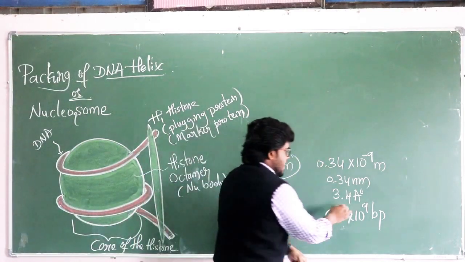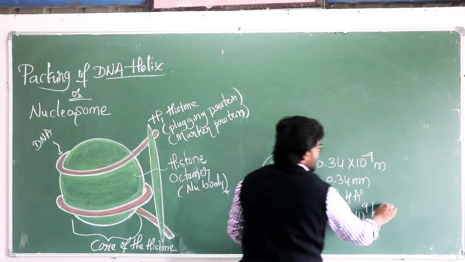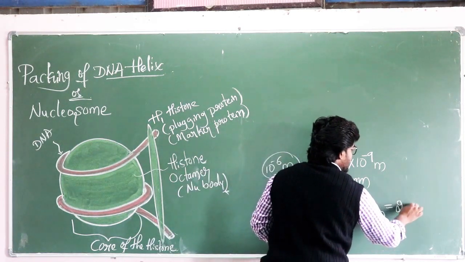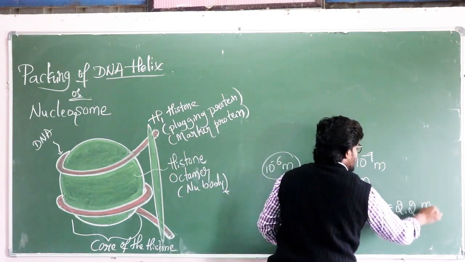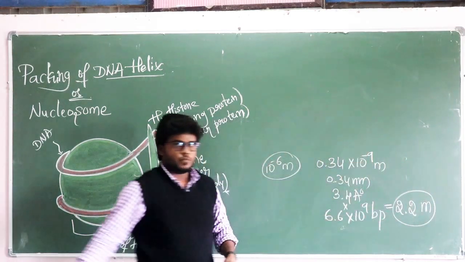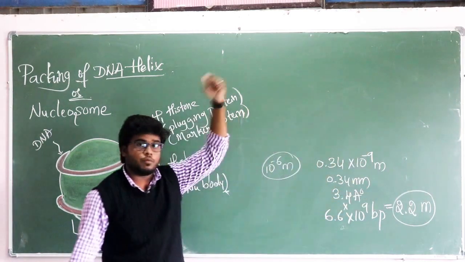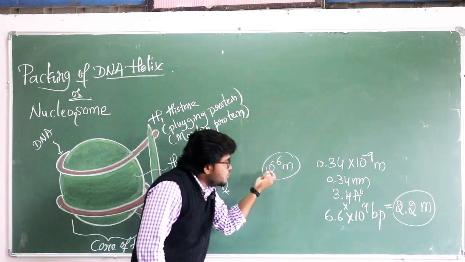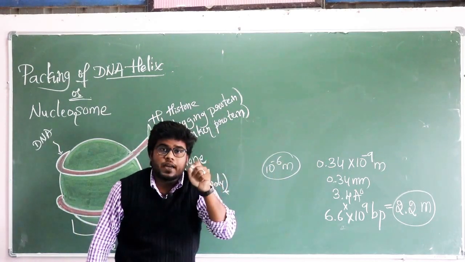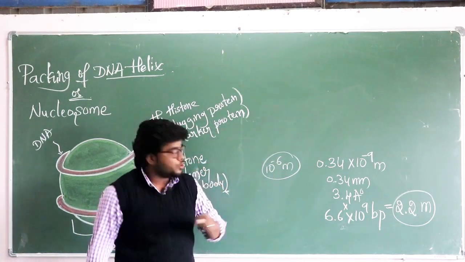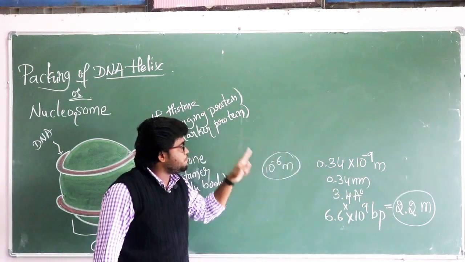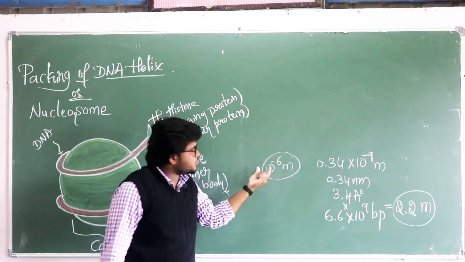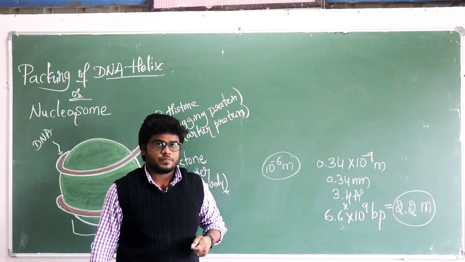Multiplying, you will get the length of the DNA, that is 2.2 meter, whereas the size of the nucleus is 10 to the power minus 6 meter. So this long DNA should be packed inside the small nucleus.